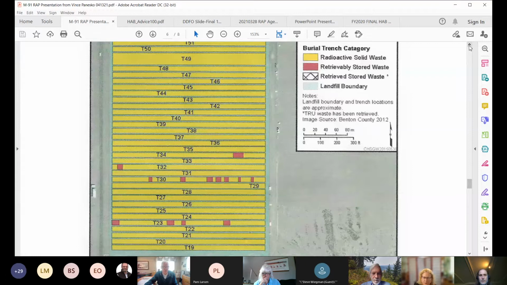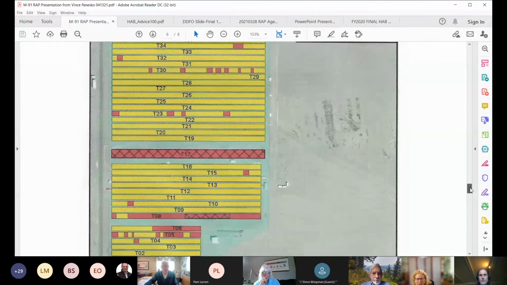Bring it up even a little more, Ruth. There you go. That's good right there. That's burial ground W3A. And that just shows your point, Jerry, that there's these islands. And that's going to be interesting because there's holes.